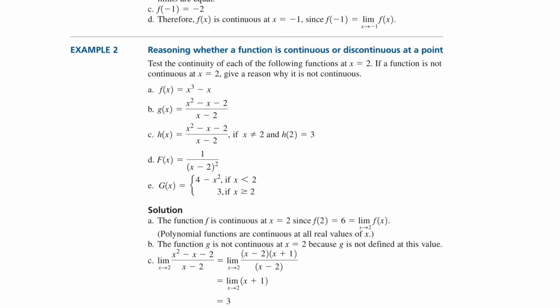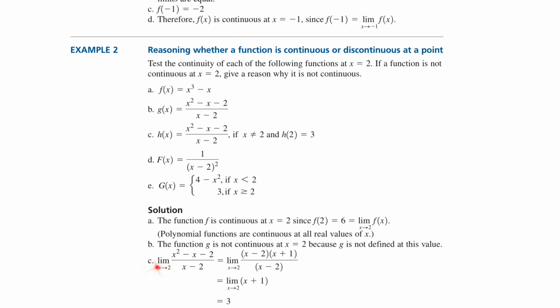Polynomial functions are always continuous. Rational functions are discontinuous when the denominator is 0. Piecewise functions could be discontinuous at the point where the function's rule is changing. f of x equals x³ minus x is continuous at x equals 2. g of x equals (x² minus x minus 2) over (x minus 2) is not continuous at x equals 2.